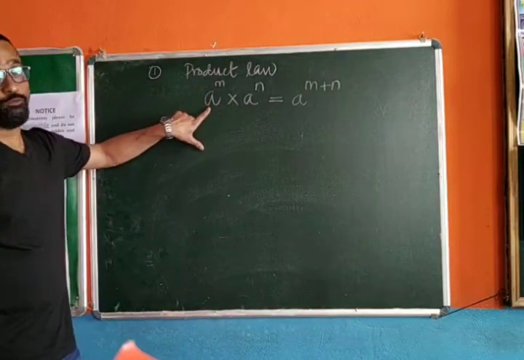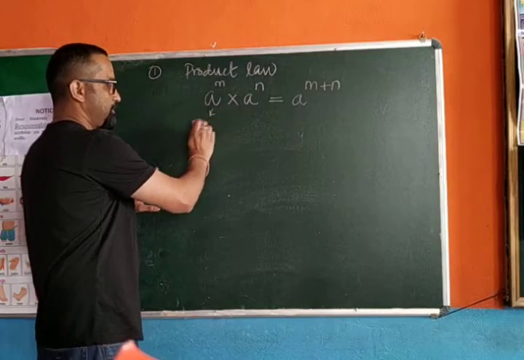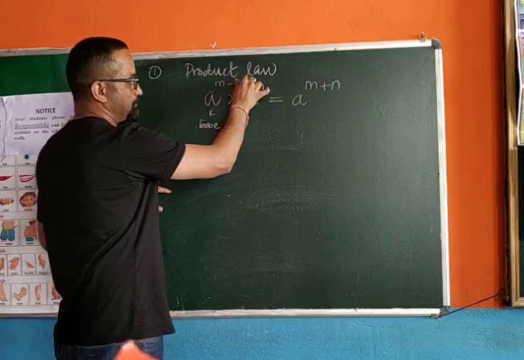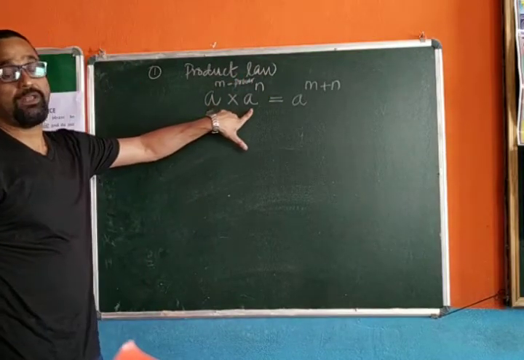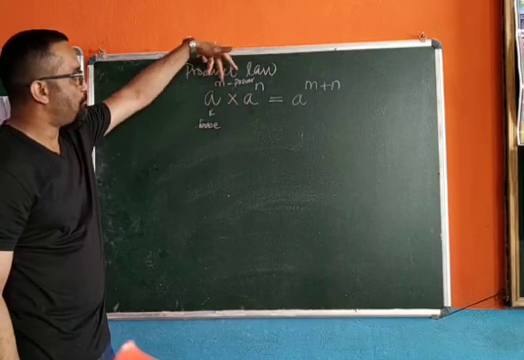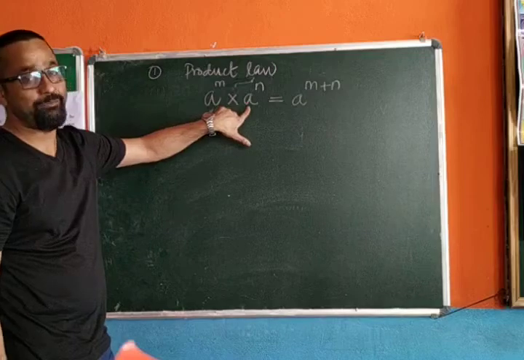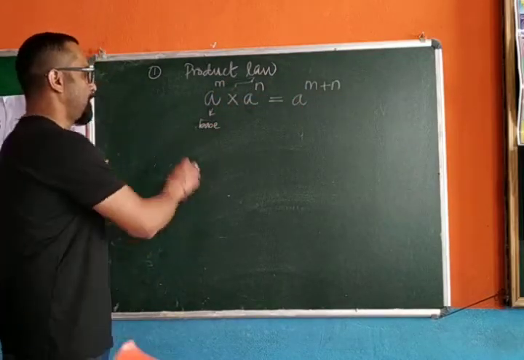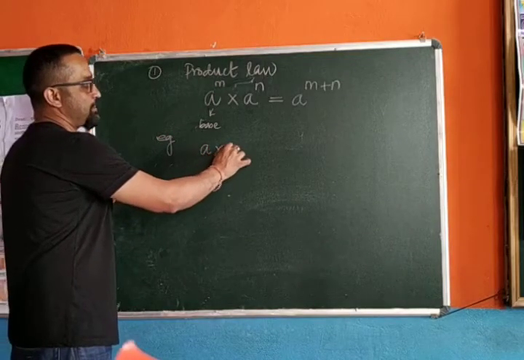A is called the base, n is called the power. So when we have like bases, the powers get added up. Bases are the same here, so you need to add the power. Look at the example here. a multiplied by a.